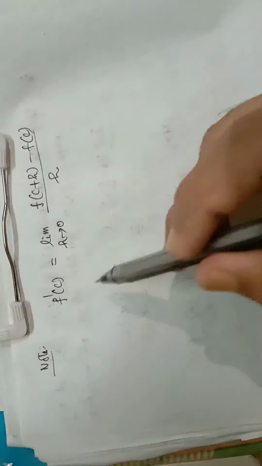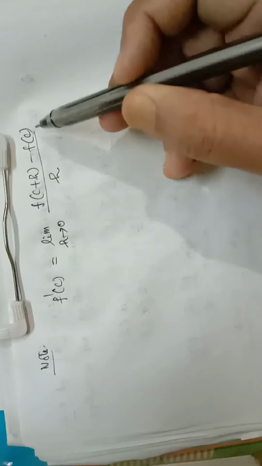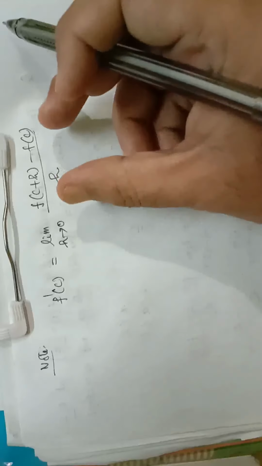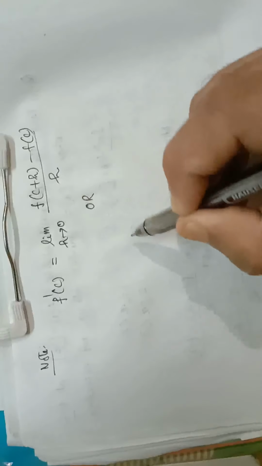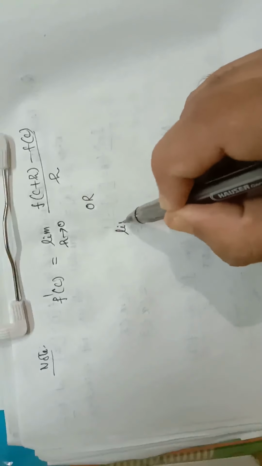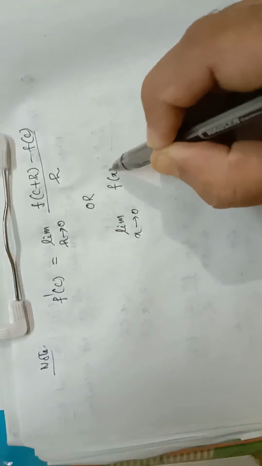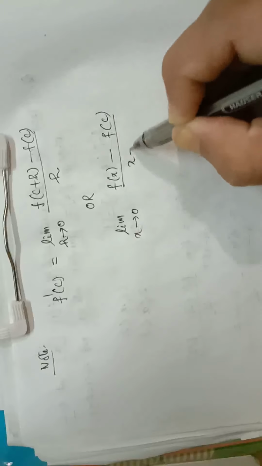Now going back to the definition of derivative of a function at x equal to c, f dash c equals limit h tends to 0, f of c plus h minus f of c by h. This is the definition of derivative of a function at x equal to c. Now this can also be written in this way: limit x tends to c, f of x minus f of c divided by x minus c.